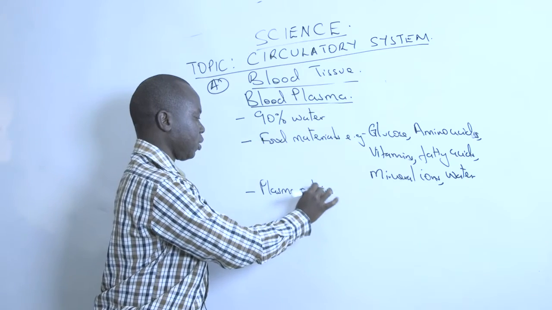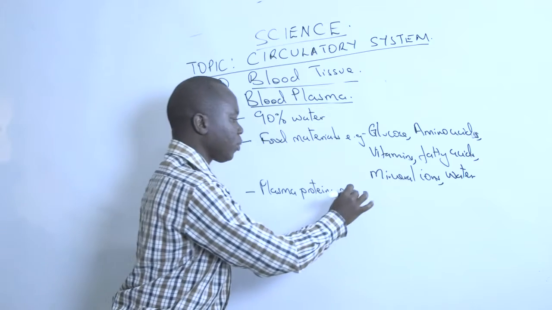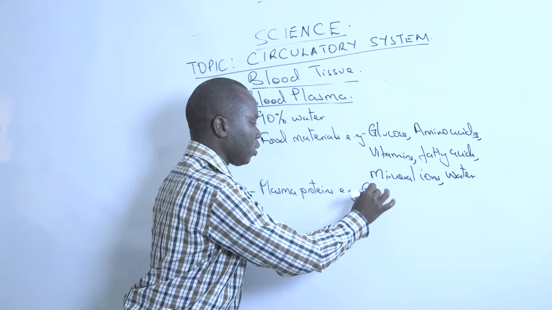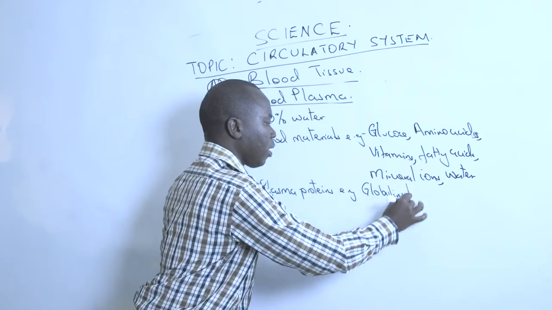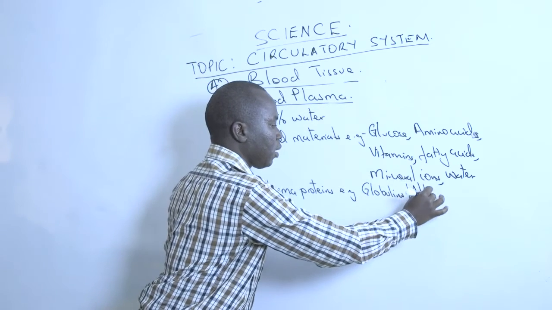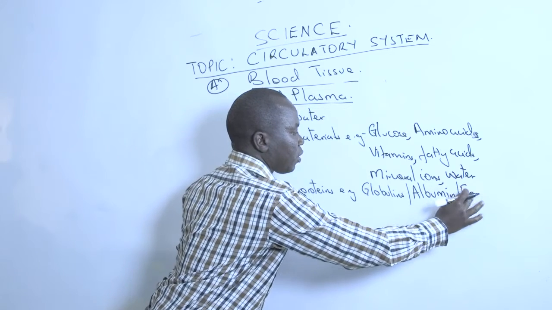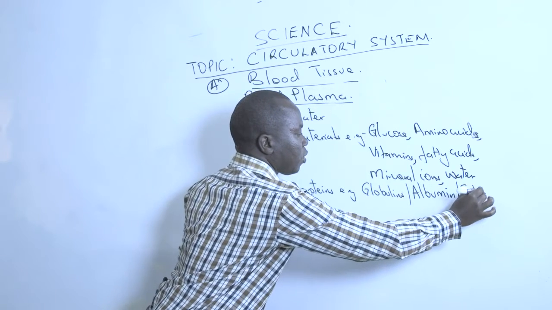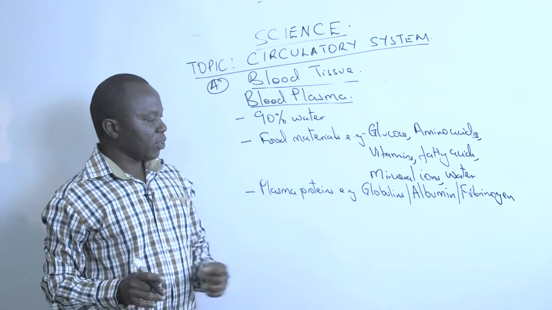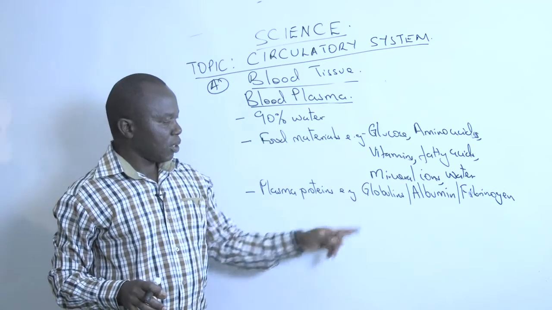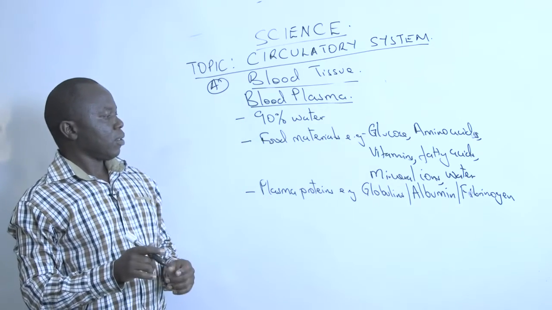Some of the plasma proteins include globulins, albumin, and fibrinogen. Globulins form part of the antibodies, and fibrinogen is very important in blood clotting.